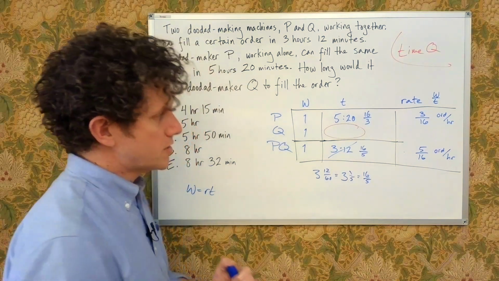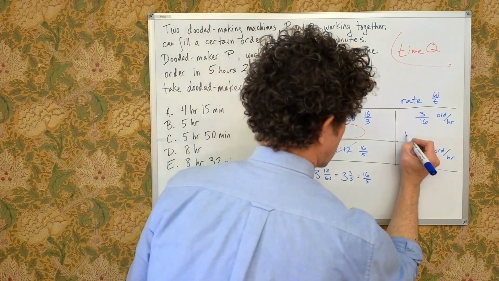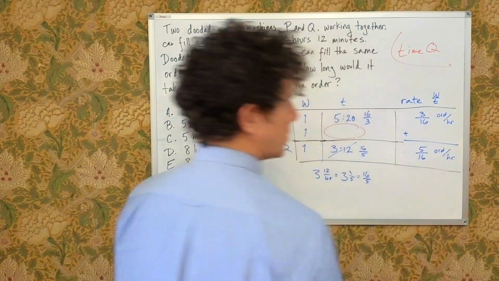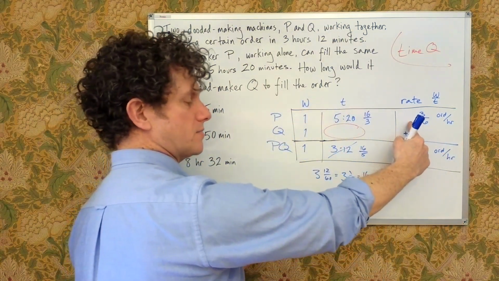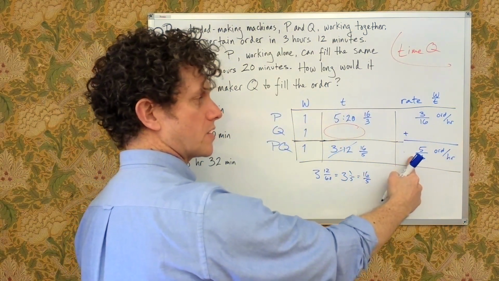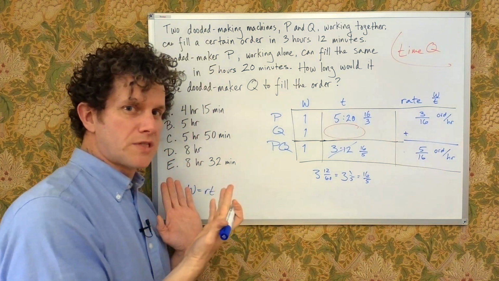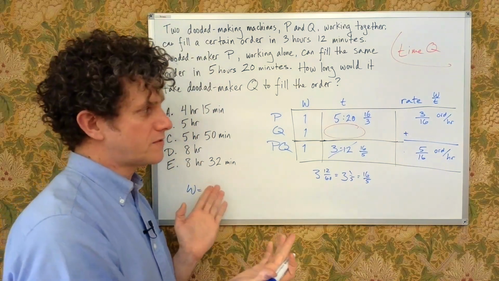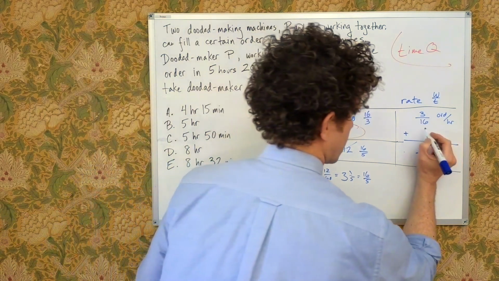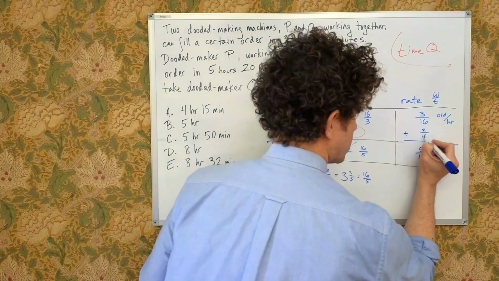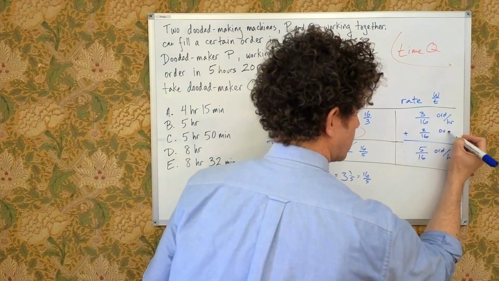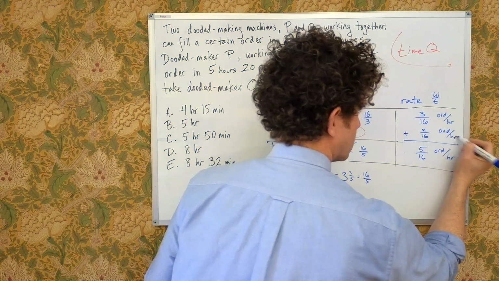And so there's some mystery rate as yet unknown, which when we add it to P's rate, will give us the combined rate. And our weird measurements in time have turned out to be pretty convenient fractions. Obviously, that has to be 2/16 of an order every hour.